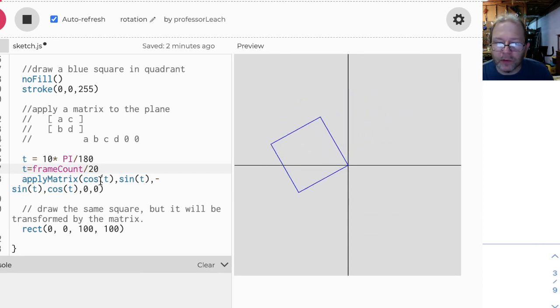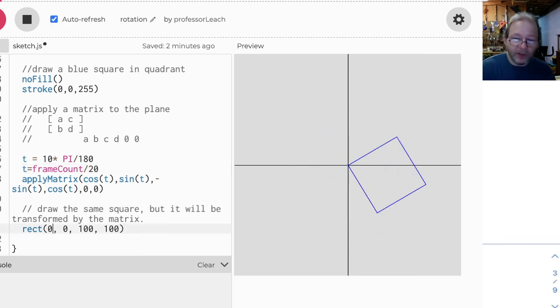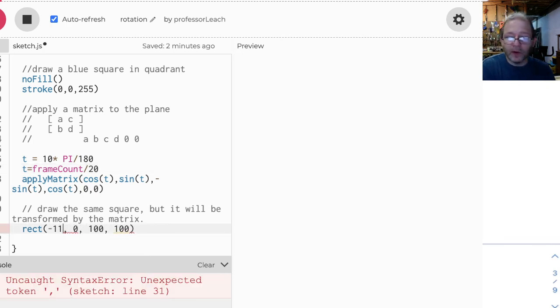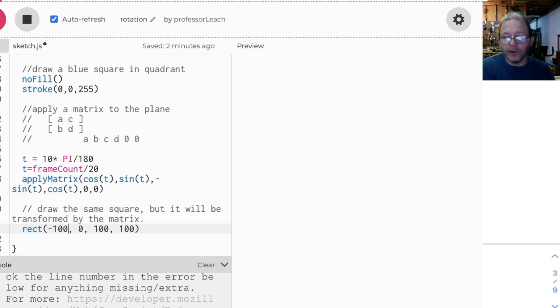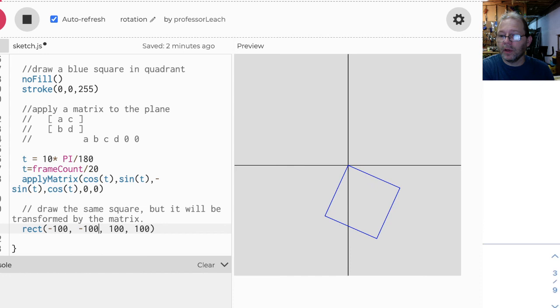Now, it's drawing this rectangle. It's 100 by 100, and it's starting at the origin. If I wanted to, I could change this to negative 100, negative 100. And nothing changed. I'm not sure why.